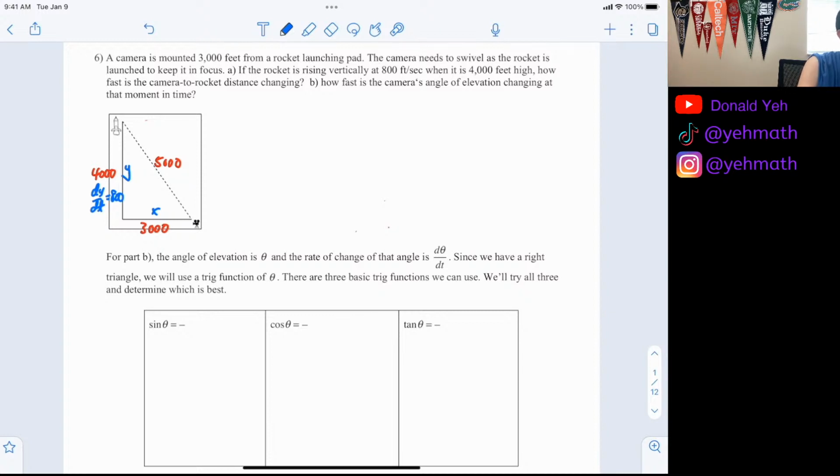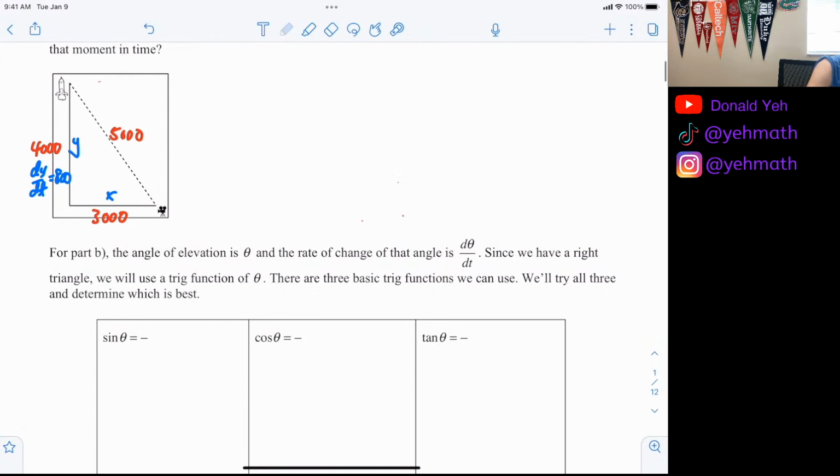She said if you take two random pictures when the rocket is shooting up, the distance that doesn't change is going to be a constant. Does that make sense? If you take two pictures 2 seconds after the other, there's only one distance that doesn't change. Which one? It's between the camera and the launcher. Does that make sense? So this is going to be your best friend. We're going to call it bestie.